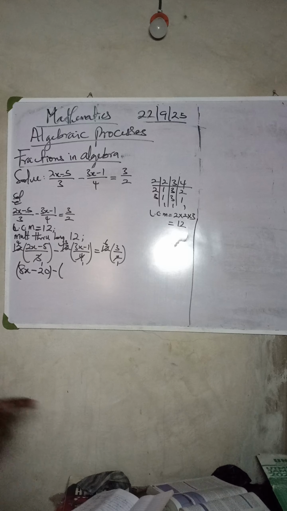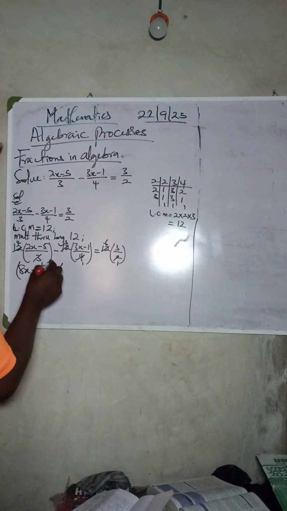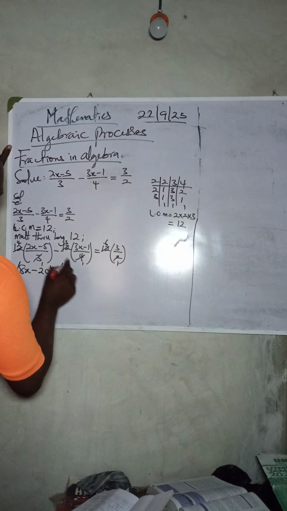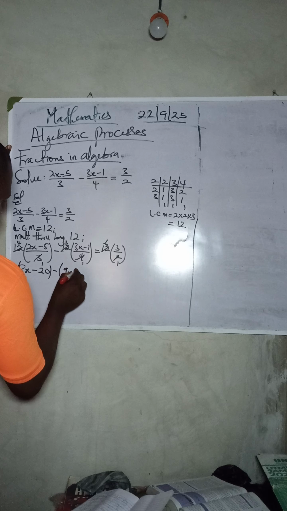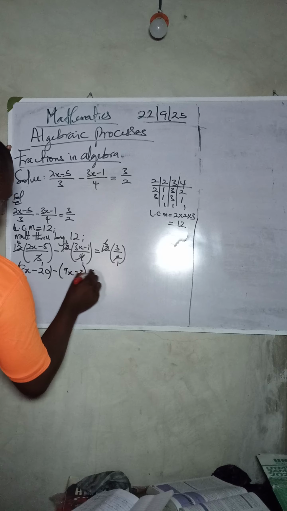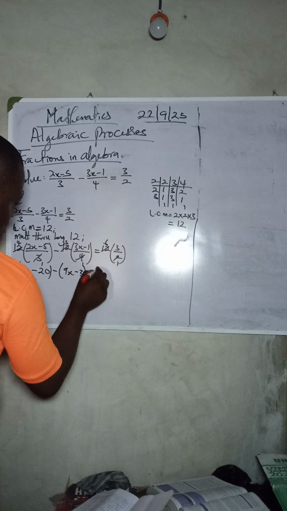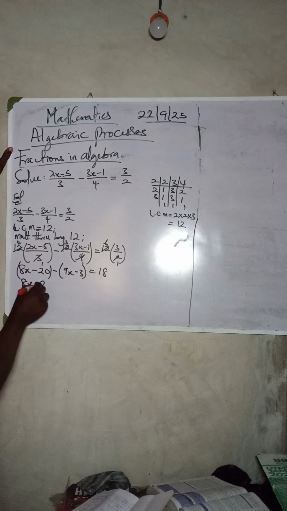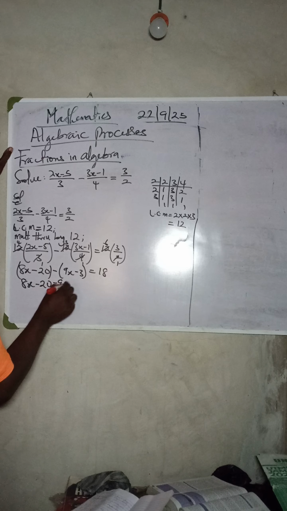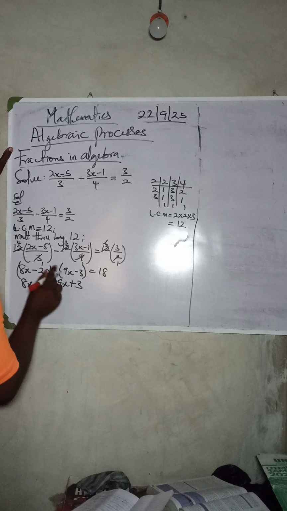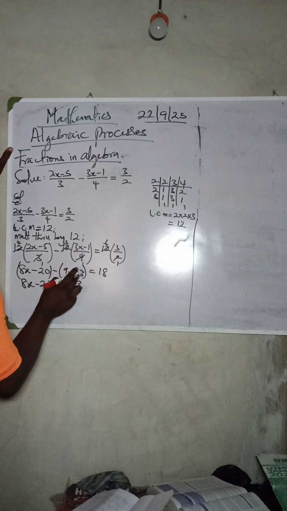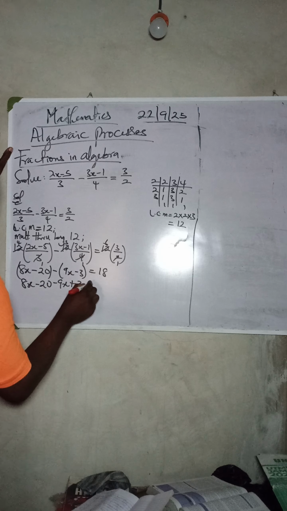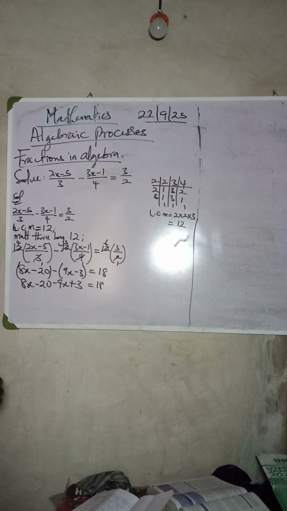When you put brackets, you make life easy for yourself. 3 times 3x, I have 9x. 3 times minus 1, I have minus 3, is equal to 6 times 3, which is 18. Expand this one, I have 8x minus 20 minus 9x plus 3. Minus times minus 3 is plus 3, is equal to 18.